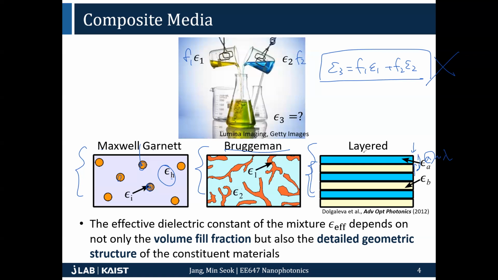What I'm talking about here in the layered medium is that the period is much, much smaller than lambda. Okay, so that we don't have any kind of, how can I say?